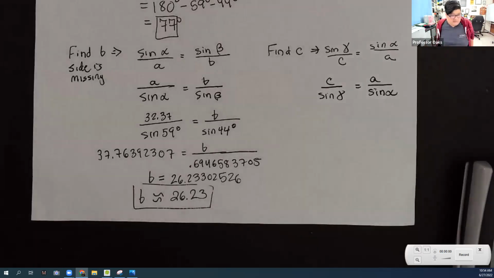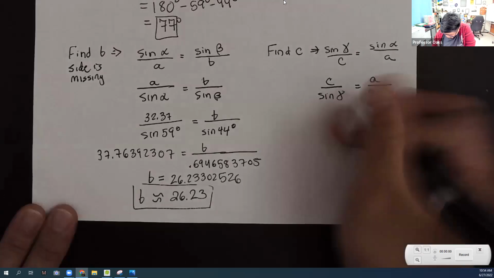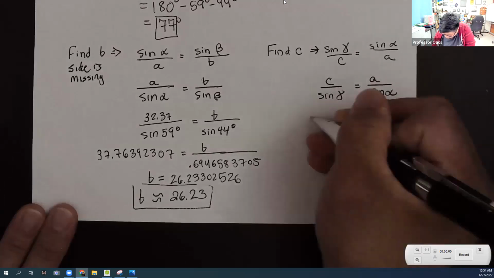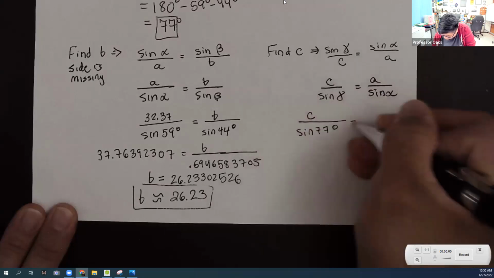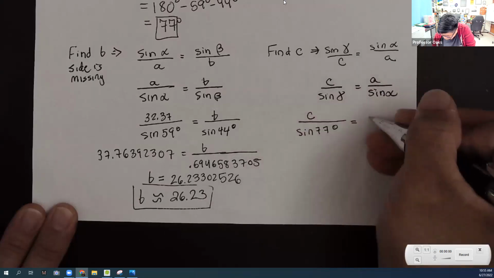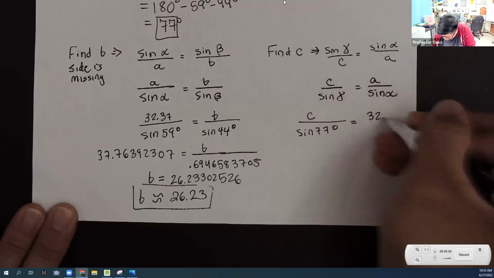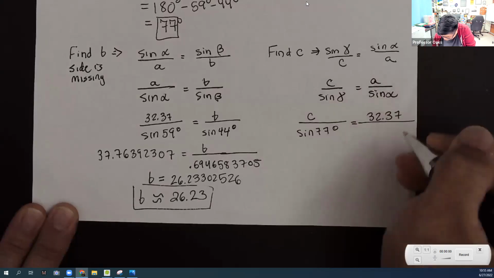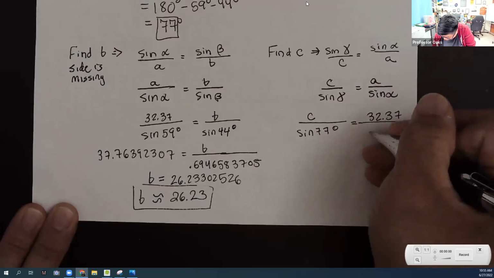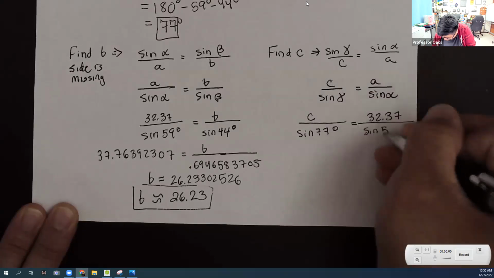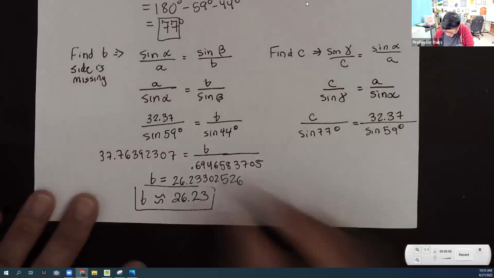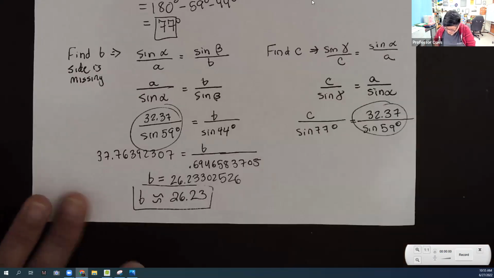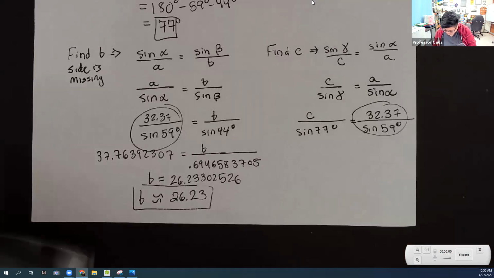If you do the next part and want to find C, then you have C over sine of gamma, which is 77, equal to A, 32.37, over sine of alpha, which is 59 degrees. We already know that number, the 37.76 number.